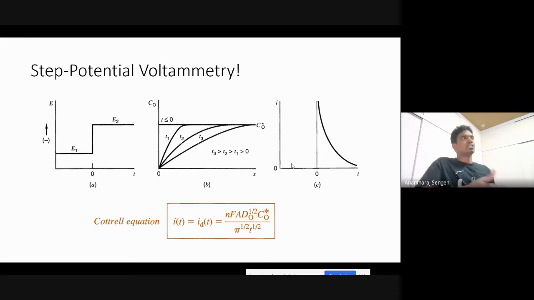The reasons usually behind such a decline are the deactivation of the catalyst, surface poisoning, and also leaching of the catalyst material. But the increase in current density is usually because of two reasons. One is the in situ activation of the catalyst, or increasing wettability of the catalyst. These two things can result in an increase in current density in the case of charge transfer controlled reactions while we record chronoamperometric responses.